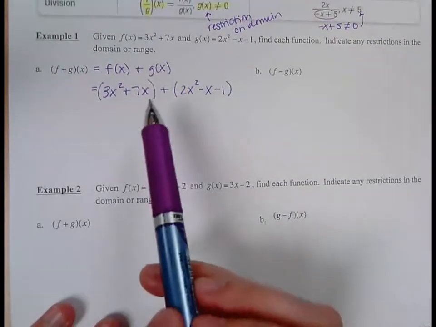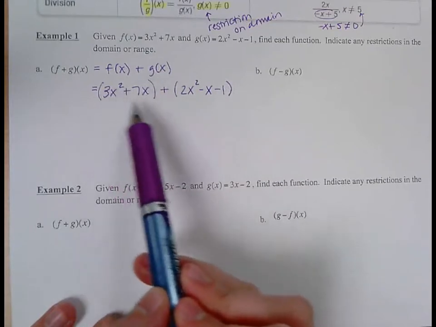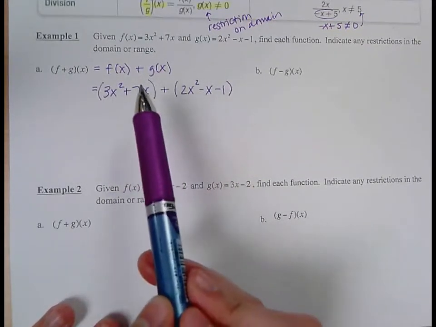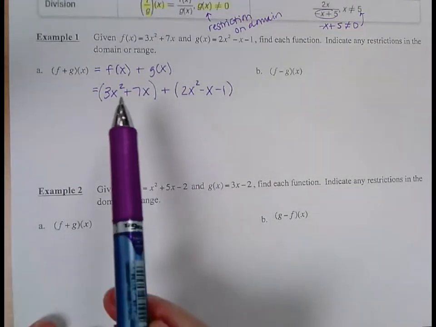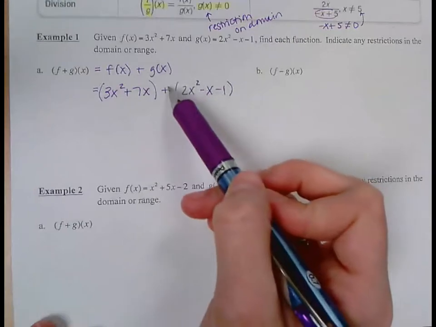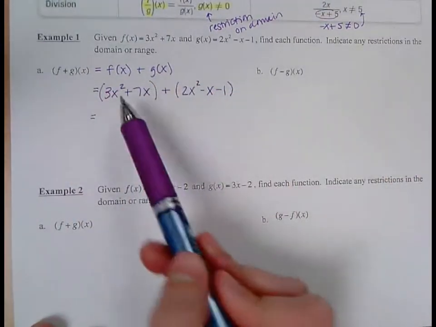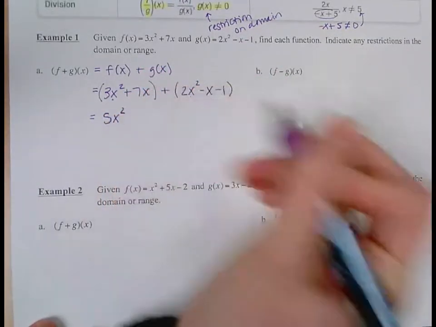So like I said before, you were given problems like this in Chapter 5. You had problems like this on your Chapter 5 test. To simplify this, you're just now having to set it up in this chapter on your own, knowing what that means. So now from here, just because this is addition, you're just combining like terms. So I have 3x squared plus 2x squared, so 5x squared.